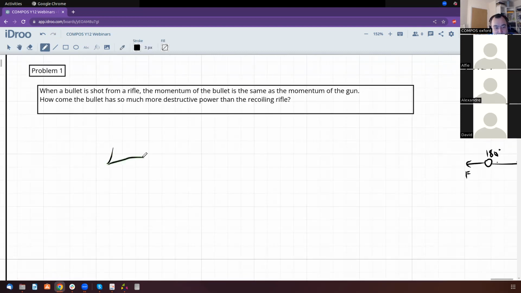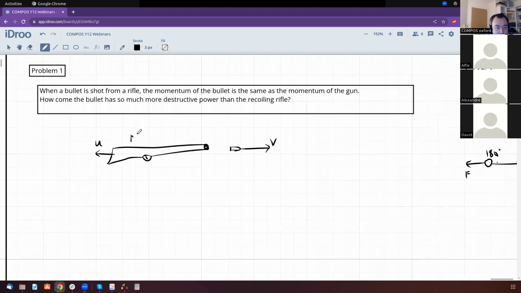So we have a toy gun, of course, which shoots a bullet. And the speed of the bullet is, let's say, v. And the speed of the gun is u.